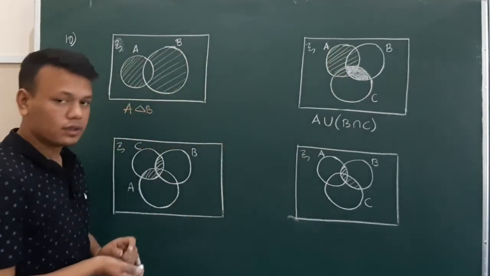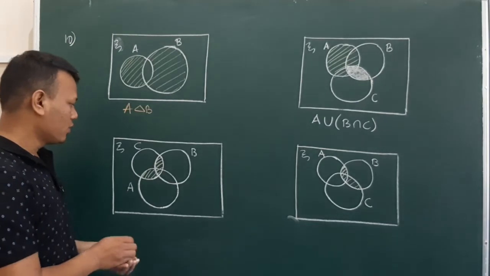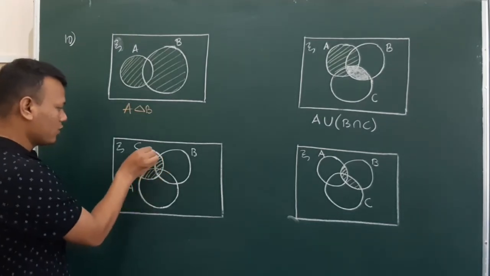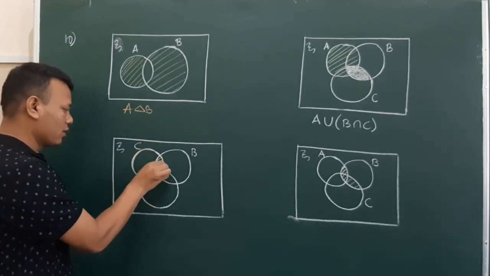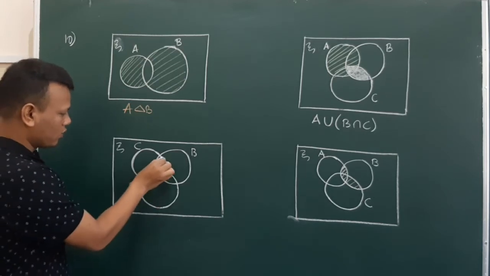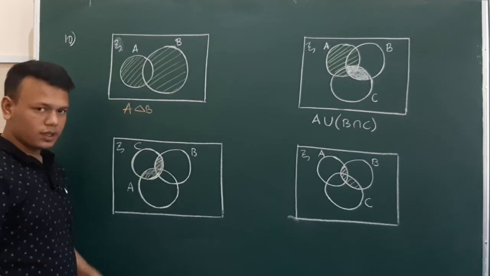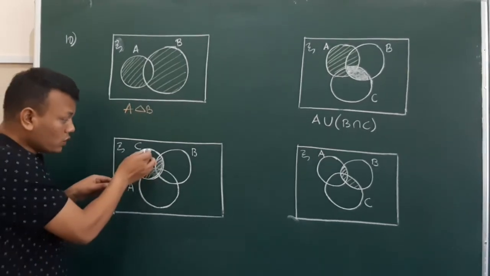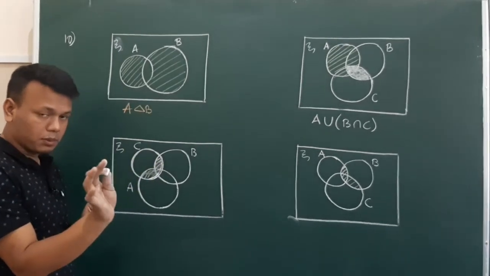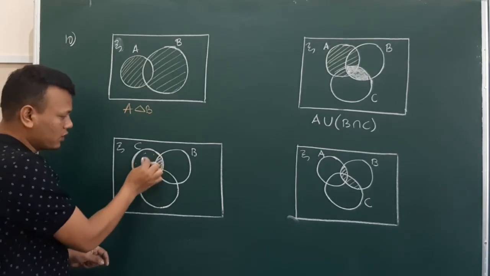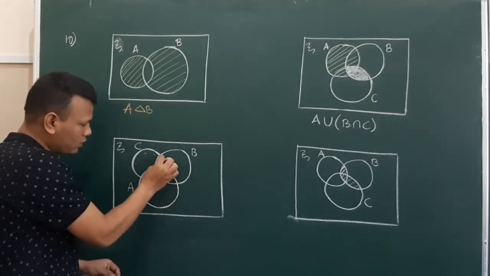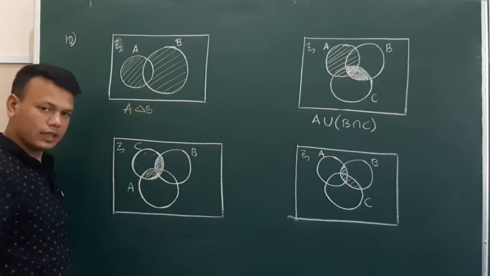Let's have a look at this. Now if you see this, here we have got C, right, and however much is shaded, the entire thing belongs to C, yes, but whole C is not present, please remember that. This part of C is not included, so only this part of C is included.